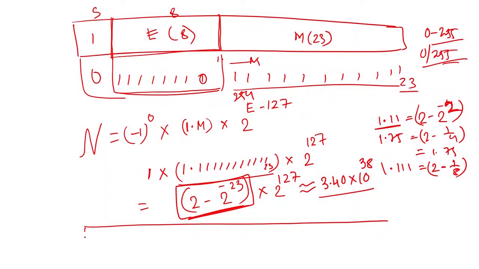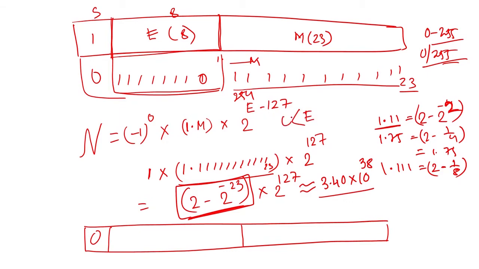And what will be the least positive number? Least positive number means the mantissa should be normalized, so the mantissa will be all 0. So, if you represent the least positive number, the sign bit should be 0, and the least exponent. The exponent value is E minus 127, where E ranges from greater than 0 to less than 255.